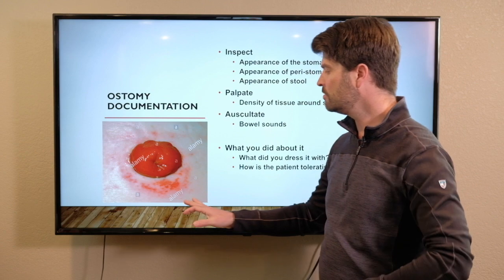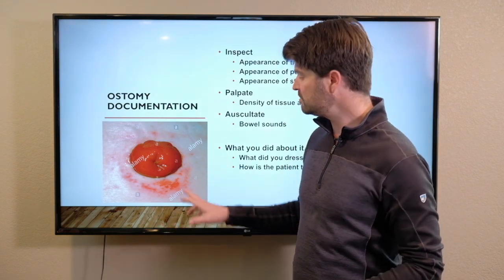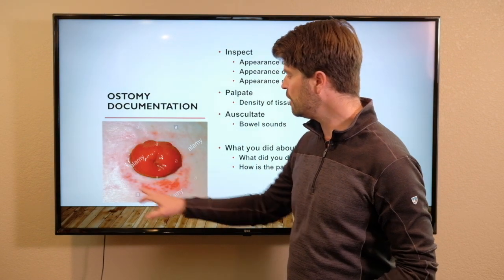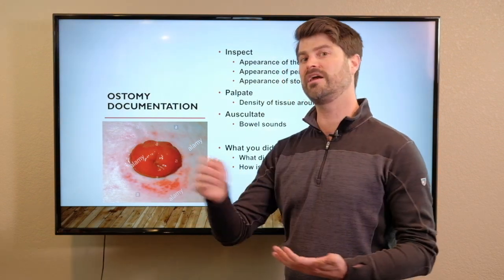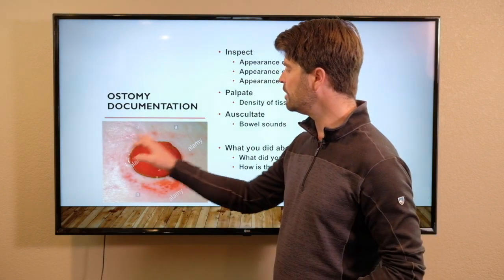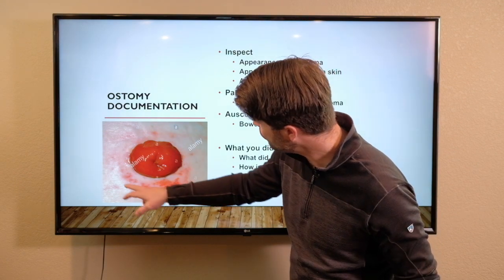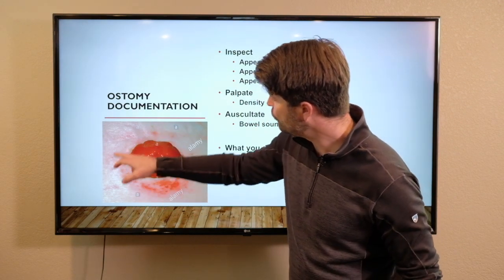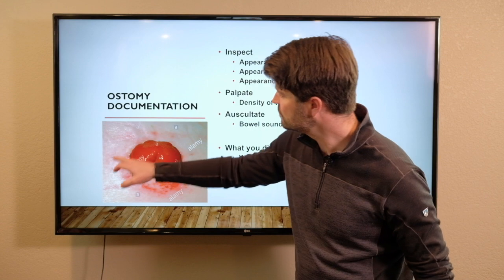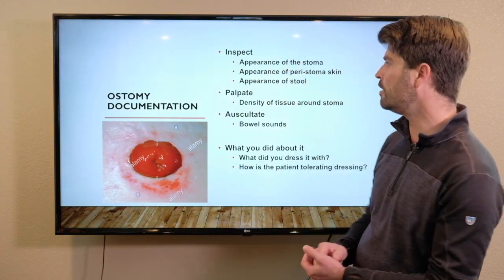This is a person who's had an ill-fitting appliance placed, and you can see the rashy tissue from where that adhesive has been peeled off multiple times. It's almost like a diaper rash situation going on right here. You can almost see the outline of where that appliance was, right here. So that's what's going on.